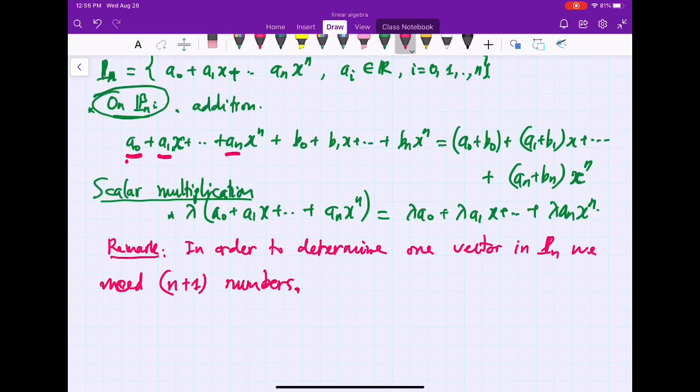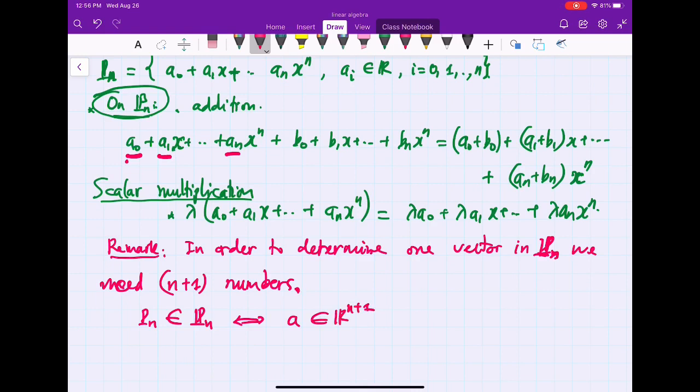Like I can write the following relation, right? Let's say p_n is just an element of this, okay? They are a little bit different. p_n belongs to Pn. Now that is corresponding to some vector in R^(n+1), let's say A in R^(n+1), right?